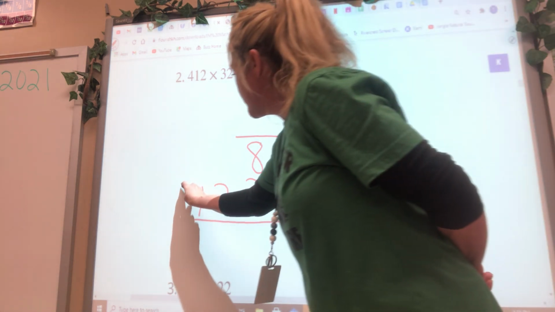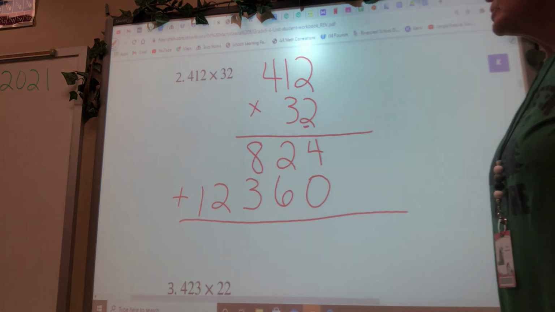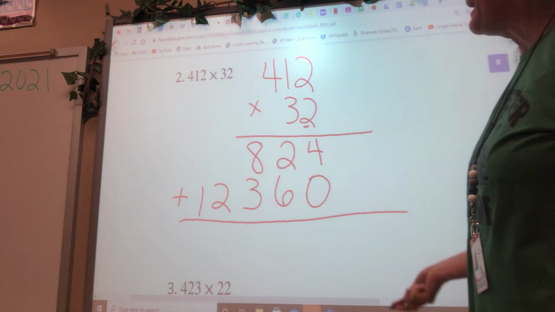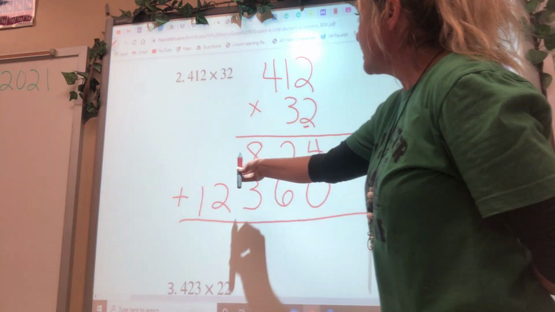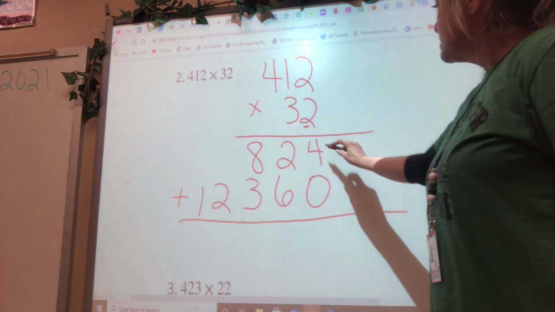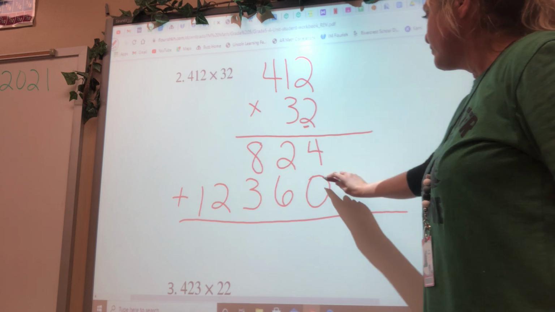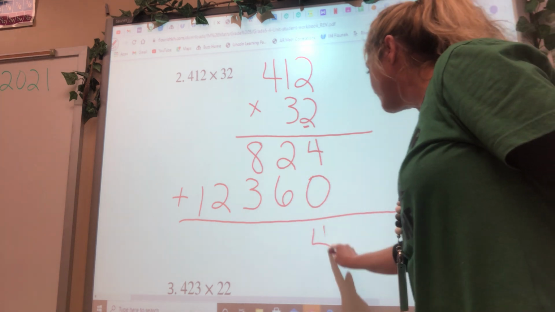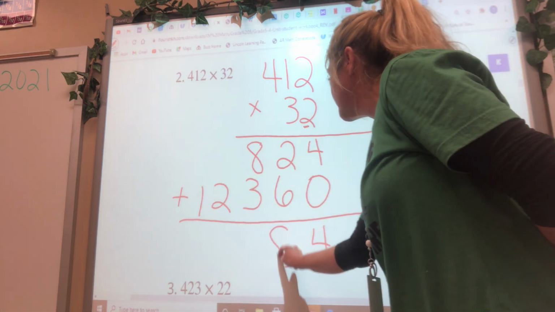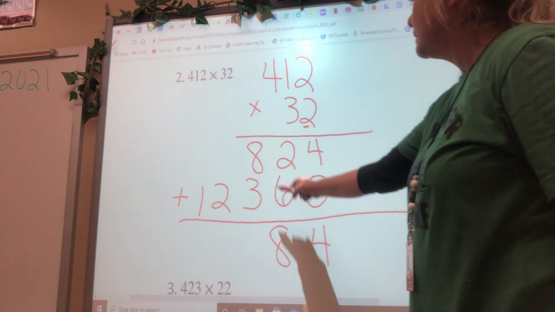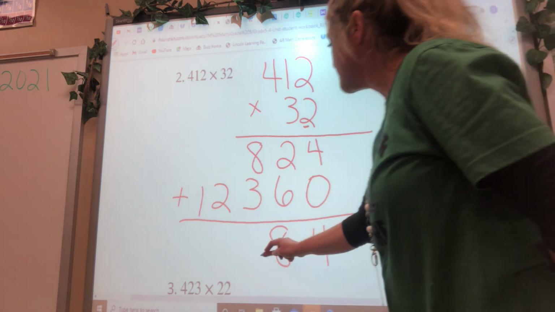And once we get our rows established from our multiplication, then we add together. Make sure that you're staying under the correct place value. So in the ones place, we have 4 plus 0 is 4. 2 plus 6 is 8. 8 plus 3 is 11.